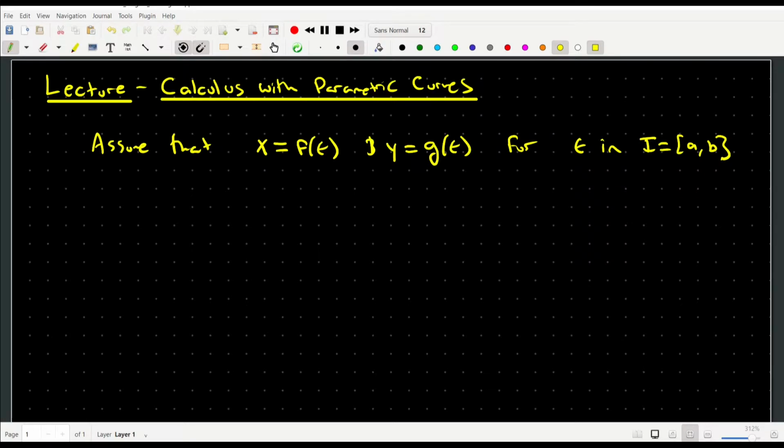So it's some curve that's parameterized by this parameter t.